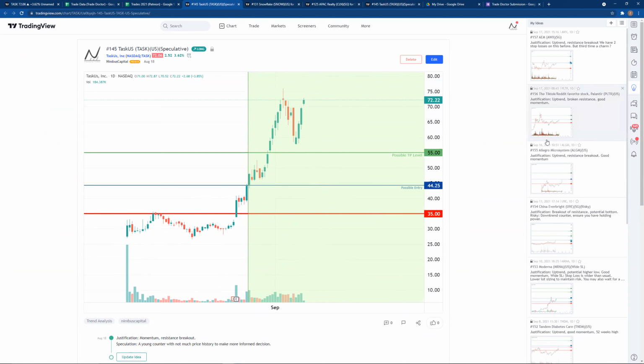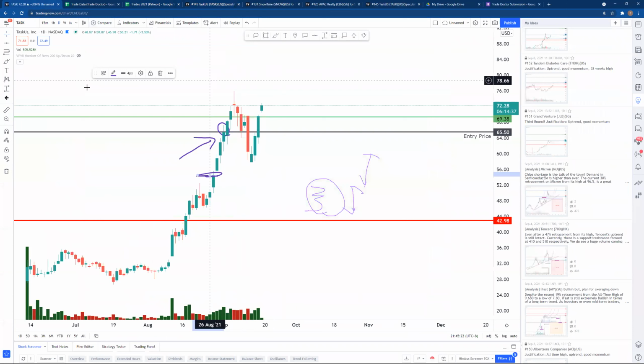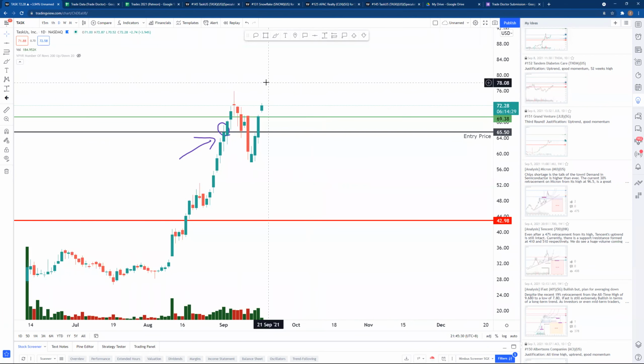But the key thing that you have to notice here, regardless whether the price goes up higher or not, is the distance between my stop loss and the TP compared to how much he took profit and what his actual stop loss is. So you can see that there is a very, very big difference.